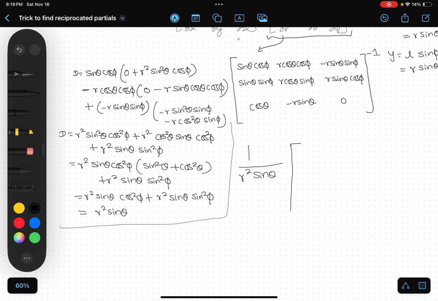Now for the element over here, that will just be the determinant of these four terms, and there will also be a sign associated with the position, which is plus minus plus minus plus minus plus minus plus, right?